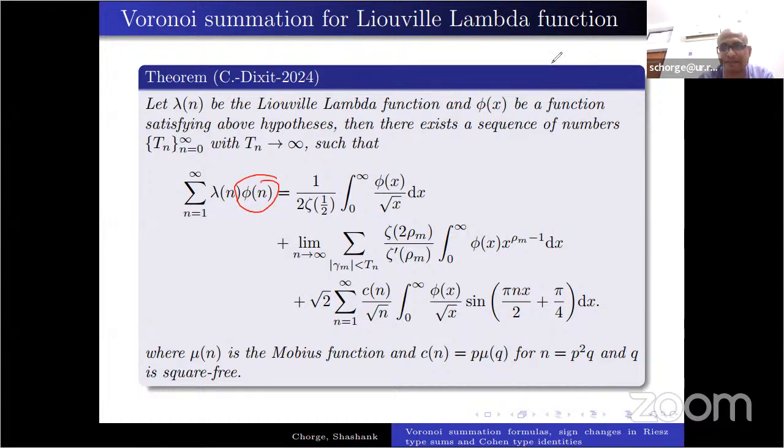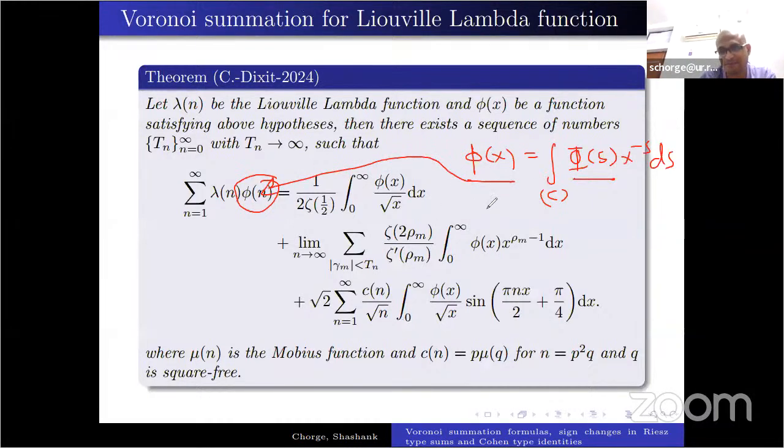So I'm just repeating this thing. This small phi of x is nothing but the inverse Mellin transform of large phi. This is the function on which we put restrictions, but in the formula, this is the function that we use. So this goes here.